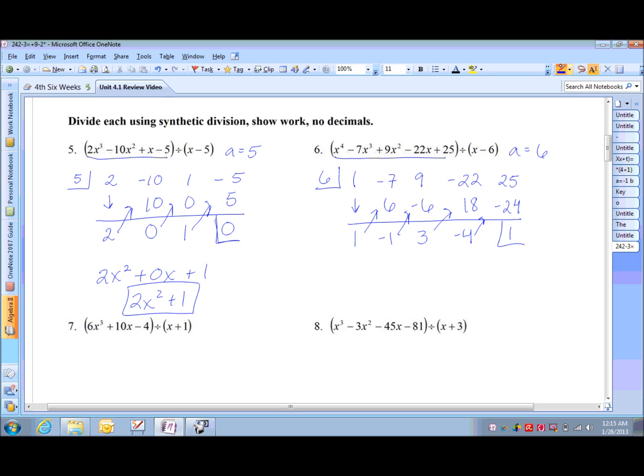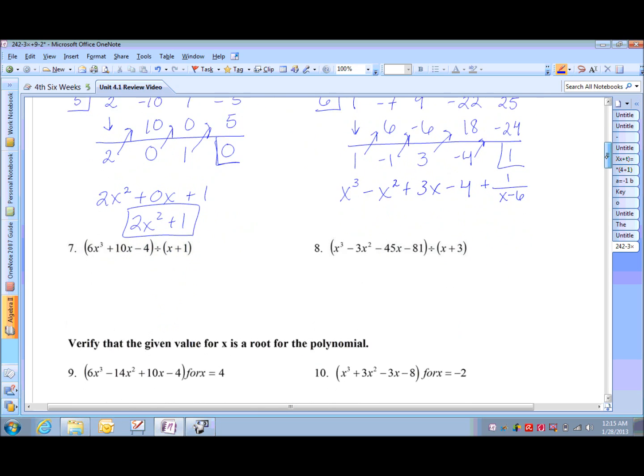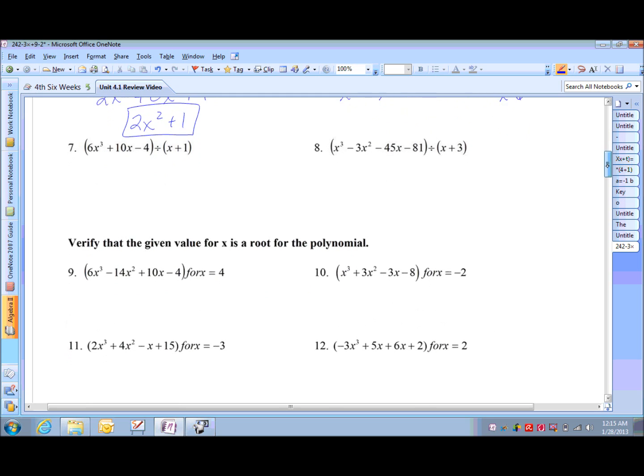So in this case, we are going to have x cubed minus x squared plus 3x minus 4. And we take that last number, which is positive 1, and put it over what we were dividing by, which is x minus 6. That last step is very similar to long division. Whatever's left over, you put over the divisor.